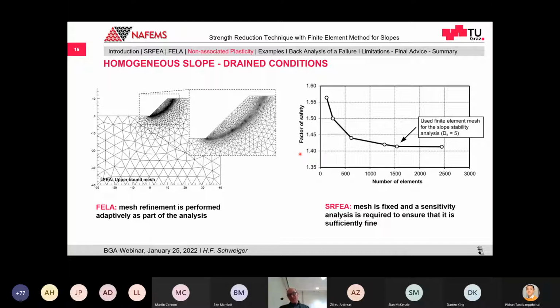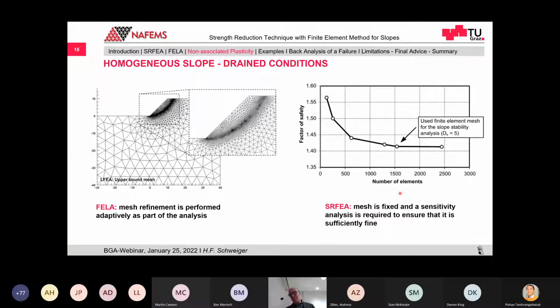If you are using this method the first time and you have no experience, then it is really advisable to run the analysis with different mesh discretizations, because you see that it needs a certain number of elements to get a stable solution. Of course, this number depends on your type of element.